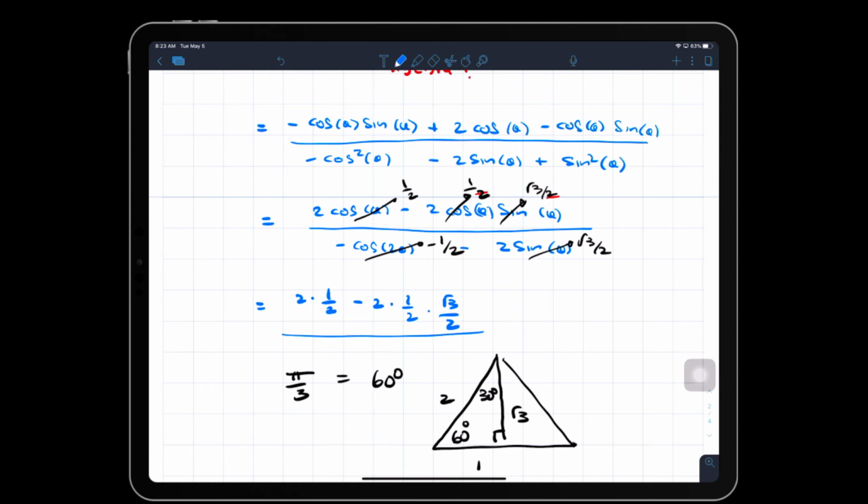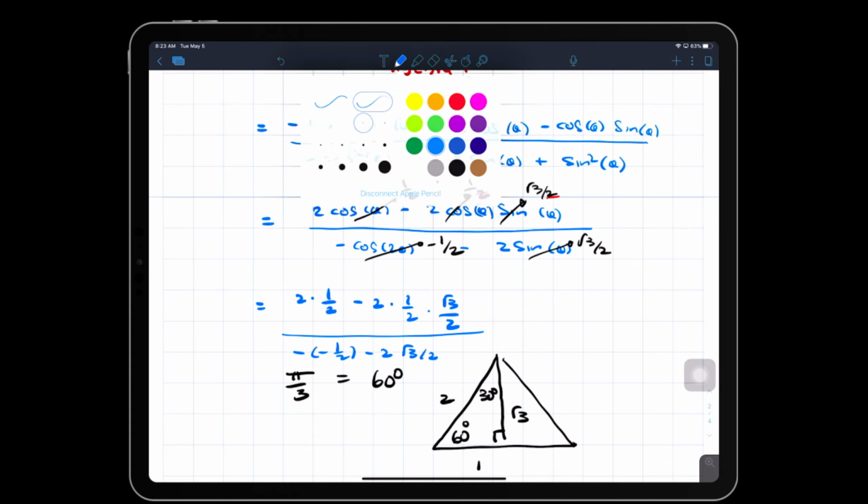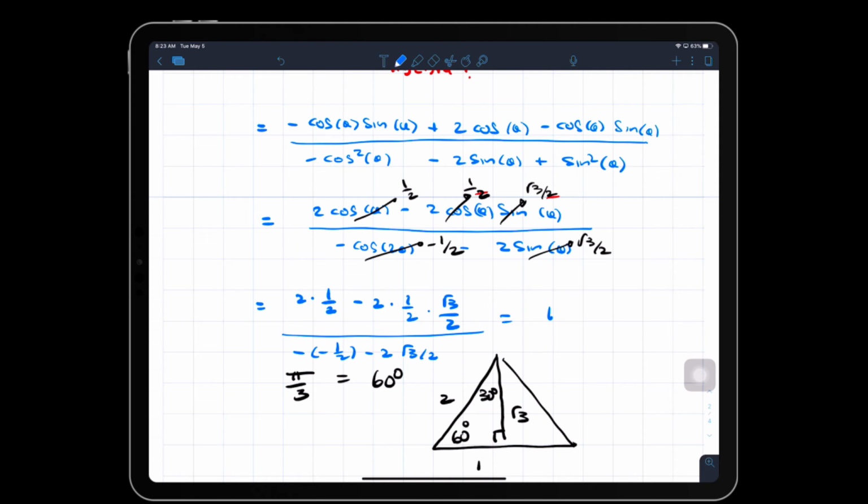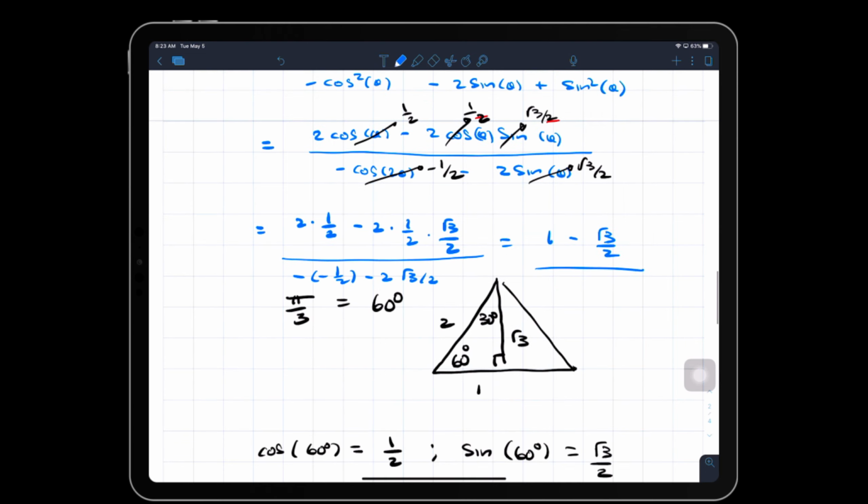Over minus a minus 1/2 minus 2 times the square root of 3 over 2. Okay, let's see what this gives us here. 1 minus the square root of 3 over 2. Let's double check. And I'm going to say here this is 1/2 minus now the square root of 3.